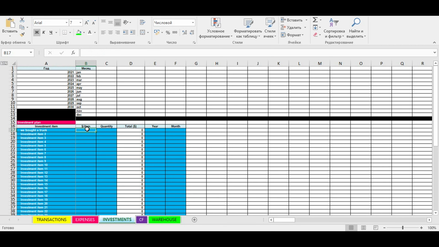We bought a truck. It cost us, for example, $15,000. We bought one truck in 2021, for example, in April.